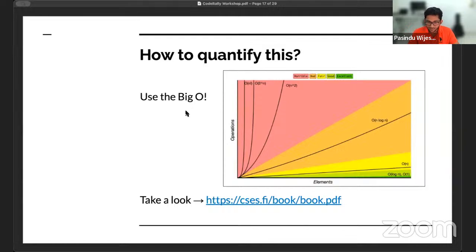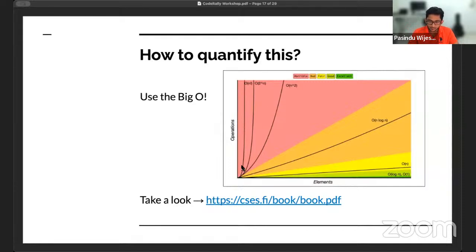To quantify, we have a notation called the big O notation, or the worst case complexity analysis, which gives an indication about how your algorithm is going to perform in terms of the runtime as well as the space. At a high level, we have different complexity classes like order 1, order log n, order n, n log n, or polynomial, and then we have exponential, and then factorial.